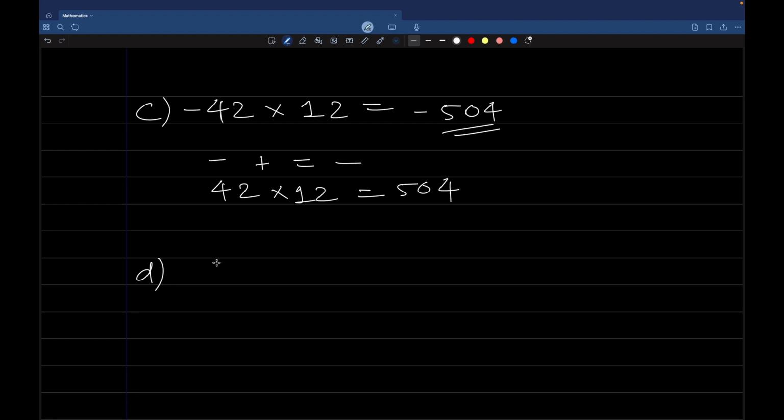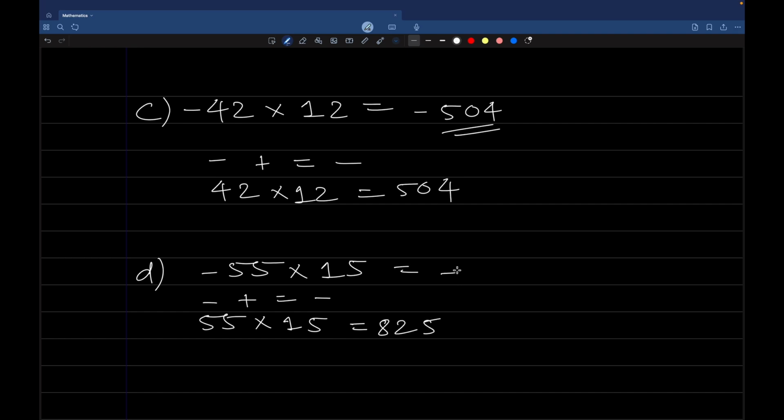And D, we have minus 55 into 15, one negative, one positive, plus into minus is minus. 55 into 15 is 825. Your answer is minus 825.